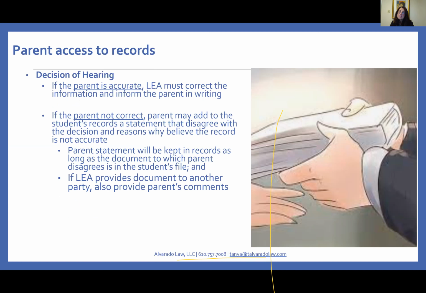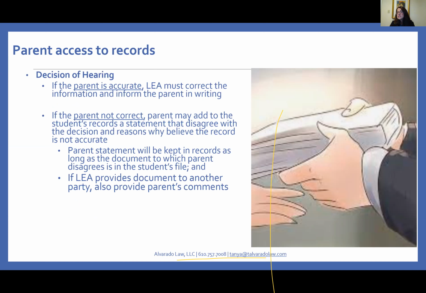If the decision is that the parent is right, that the information was misleading, inaccurate, or violated some other privacy right, then the school district has to correct the information in the documents.